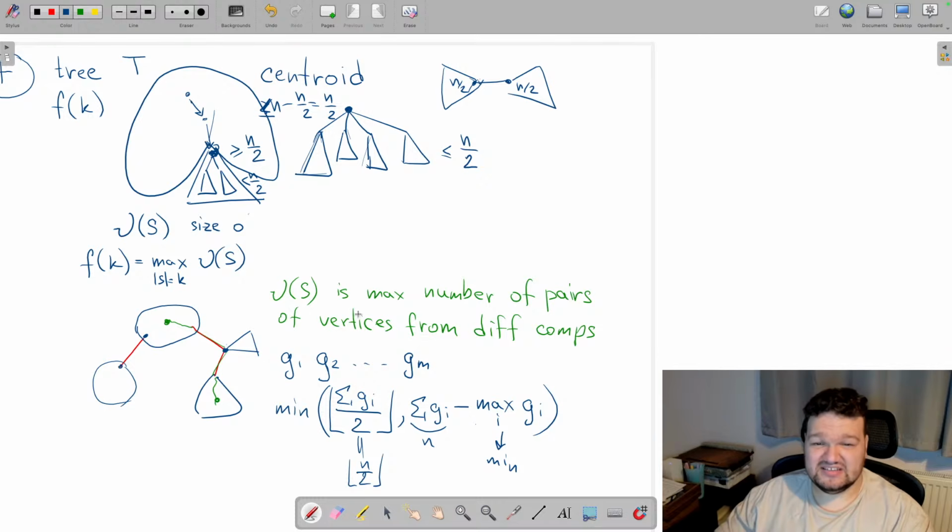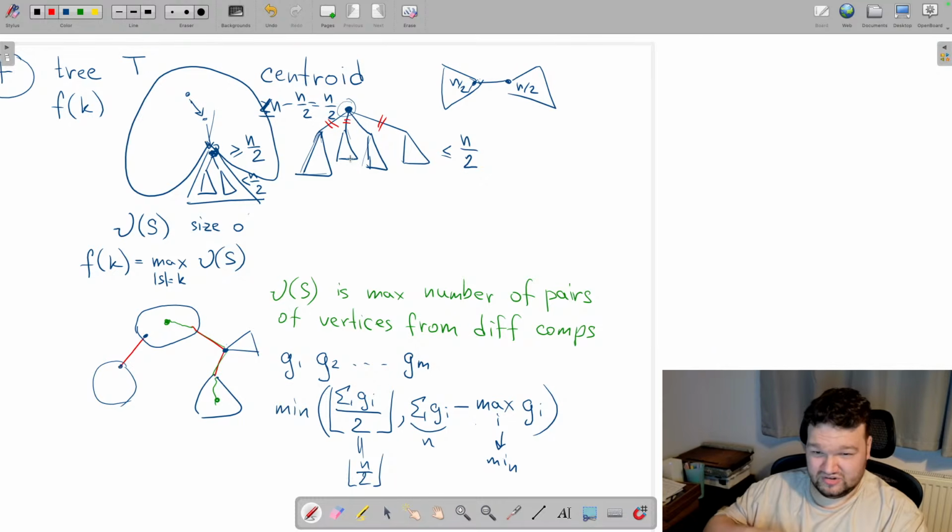And it means that the only component that can be bigger than n over 2 is the component of the centroid. So the only thing we need to do is to minimize the size of the component of the centroid, and that is done by just cutting the edges that go from the centroid to its sons.